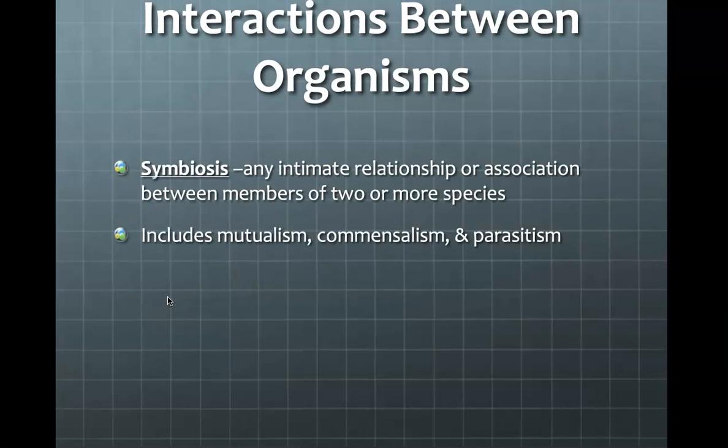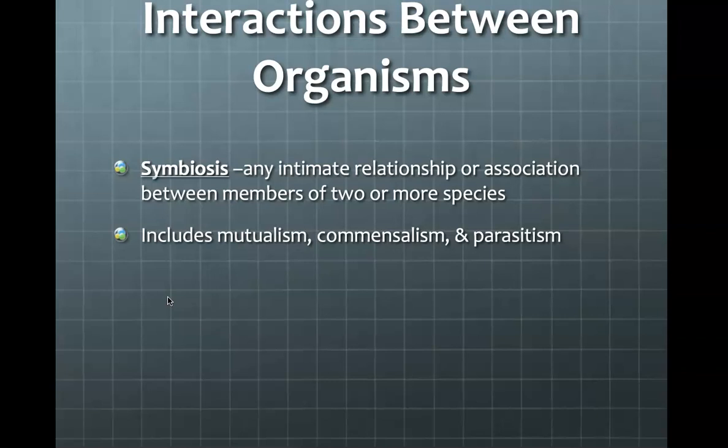All right, symbiosis. A symbiosis is any intimate relationship or association between members of 2 or more species. We misuse this word a little bit in conversation. I'm guilty of it myself. All right, in that we always refer to symbiosis.